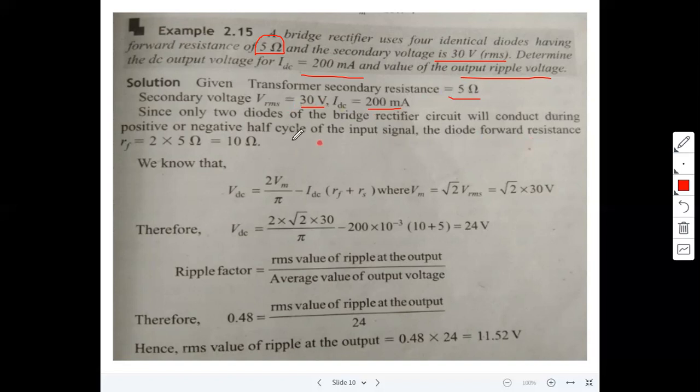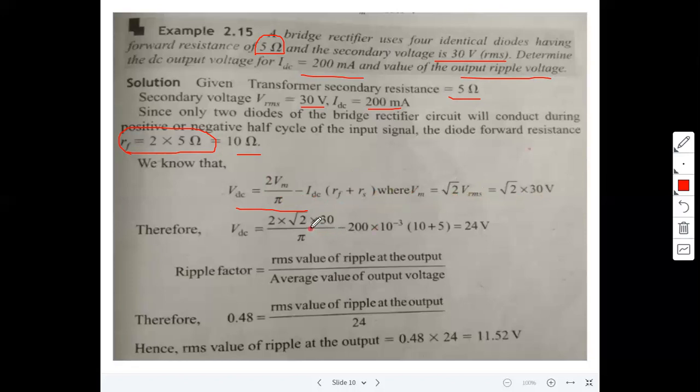Already we know that in a bridge rectifier, the diode forward resistance is 2 times the single diode, 2 into RF is equal to 10 ohm. Now VDC at full load is equal to 2 Vm by pi minus IDC into RF plus RS, where Vm is equal to root 2 into VRMS.